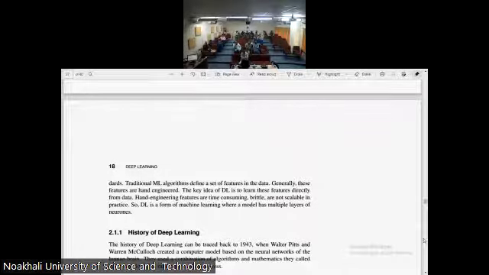Deep learning is also an artificial neural network, but deep learning should have at least 2 hidden layers. We'll talk about the structure of a neural network. Normally an artificial neural network has an input layer, hidden layer, and output layer. If you have 2 or more hidden layers, or at least 4 layers, we can say it's a deep neural network or deep learning. They are basically the same.